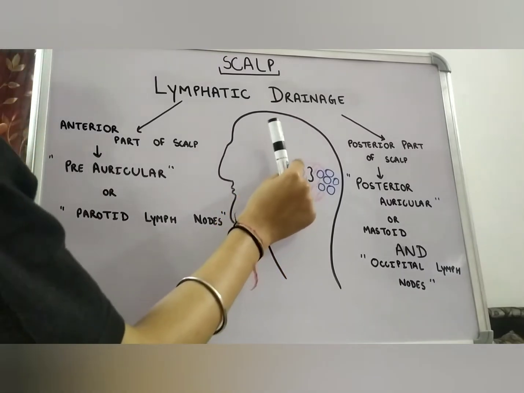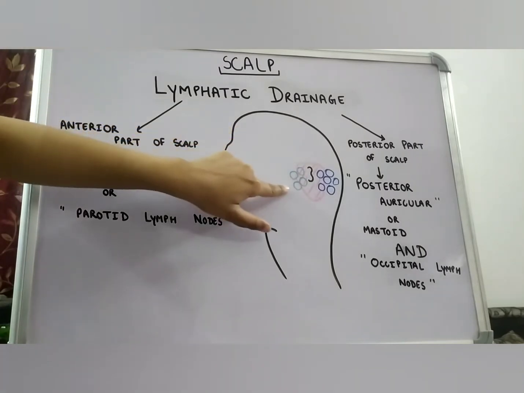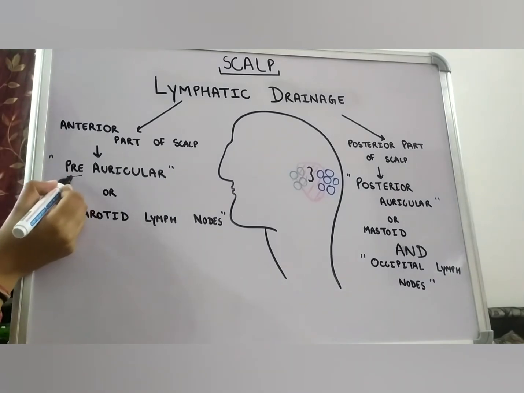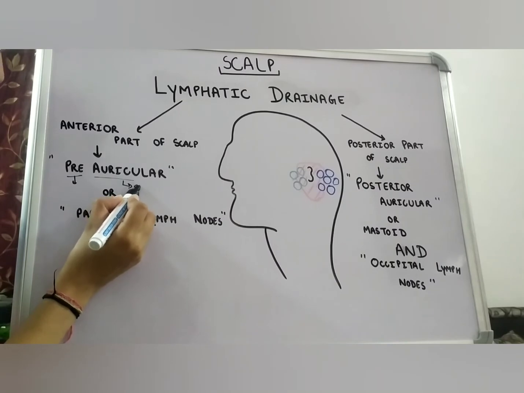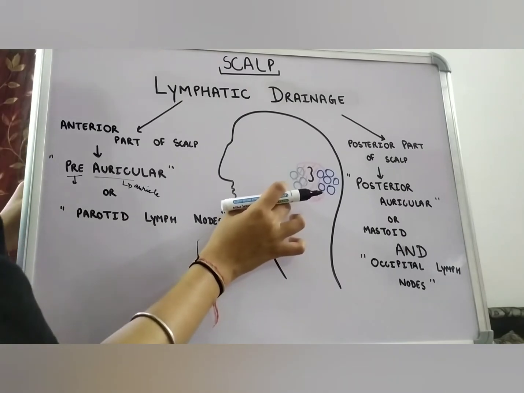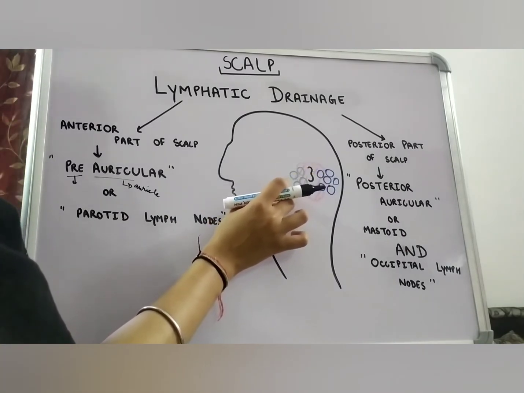The group of lymph nodes in front of the ear auricle, the one drawn with green, are pre-auricular. Pre means in front and auricular means auricle, right? So the group of lymph nodes situated in front of the auricle are the ones termed as pre-auricular lymph nodes.